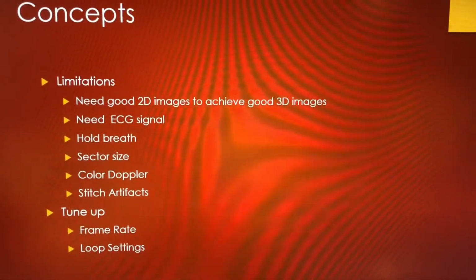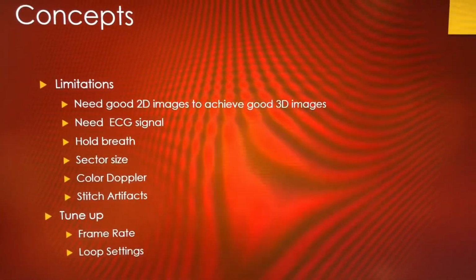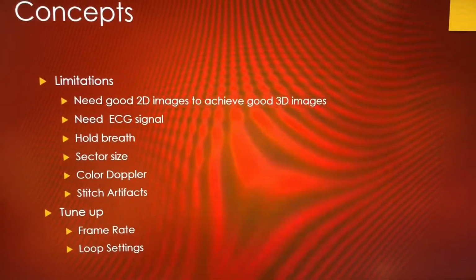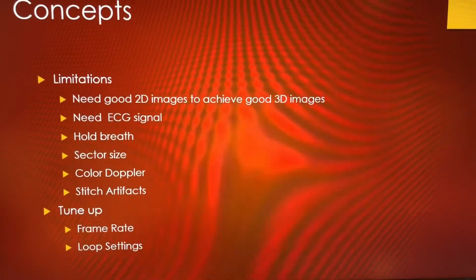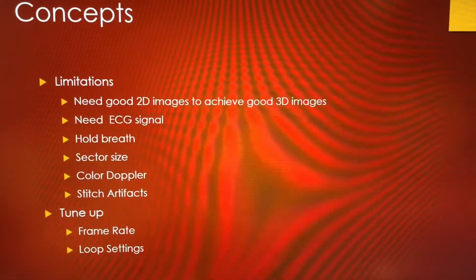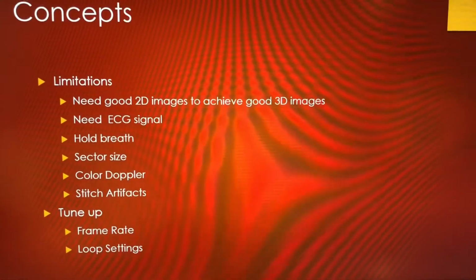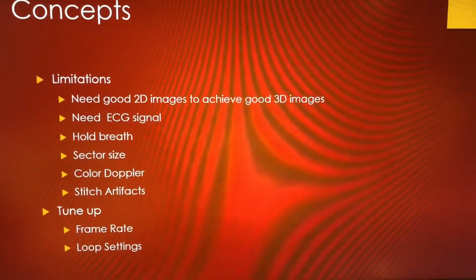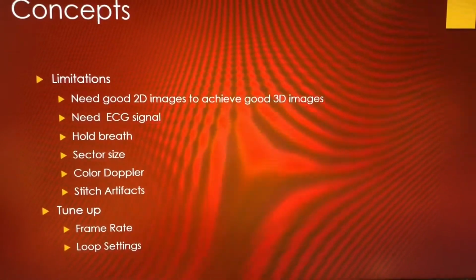So usually to combat that, we'll just do one beat acquisitions, or like HVR for the color, which is also sort of like a one beat acquisition. Now if you do choose to use 4 beats or 6 beats to make up your volume, the quality will be better if your heart rate's going slow and your machine can process it fast enough.